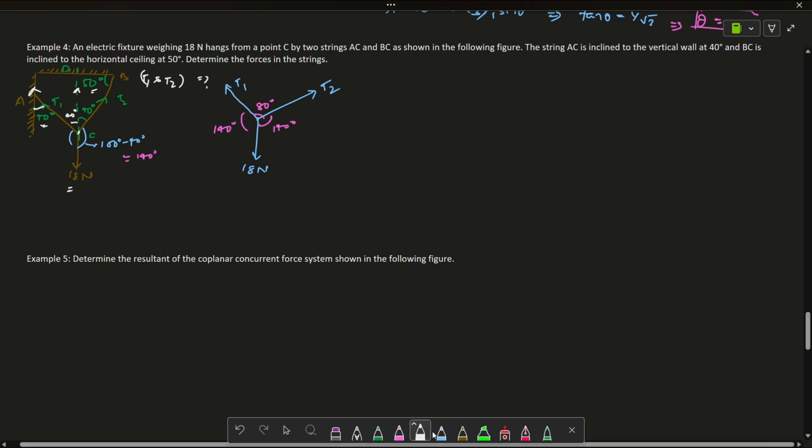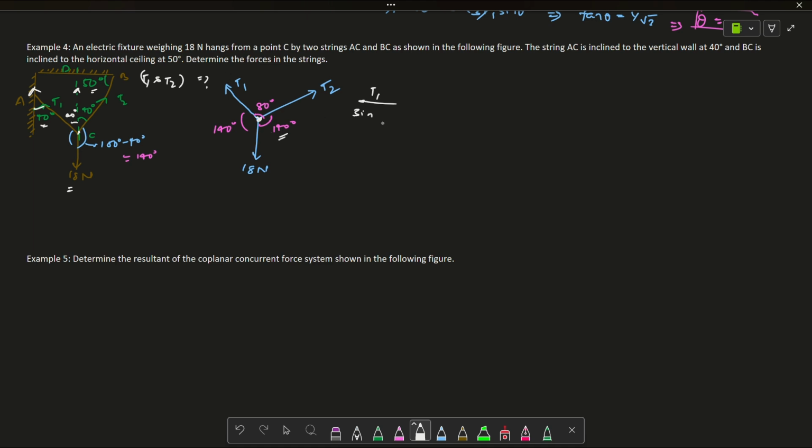Now we will use the sine law for these concurrent forces. The sine law says that T1 divided by the sine of the angle opposite to T1, that means 140 degrees, and T2 divided by sine 140 degrees, as the angle opposite to T2 is 140 degrees as well. The angle opposite to the 80 Newton force is 80 degrees, so we write 80 Newton over sine 80 degrees.